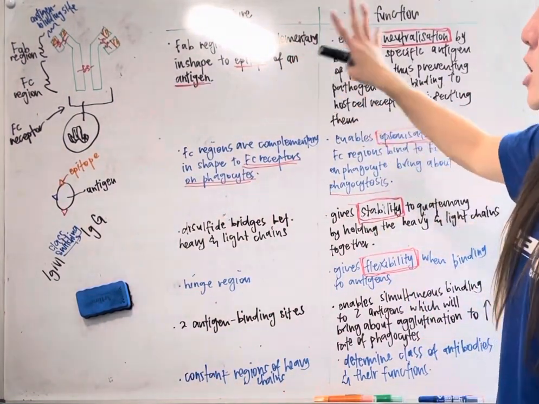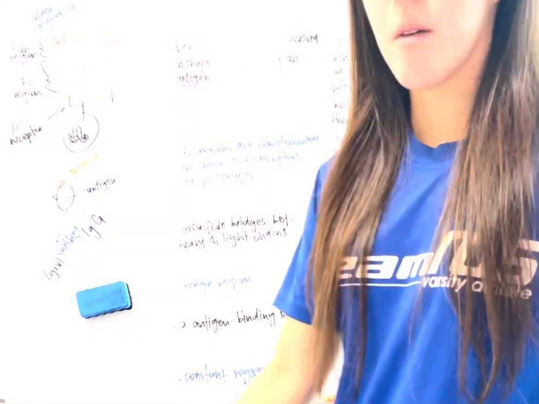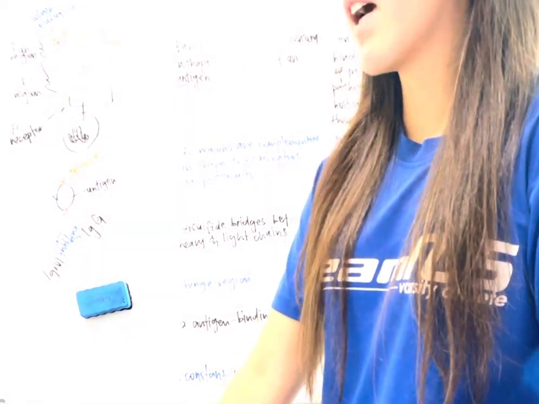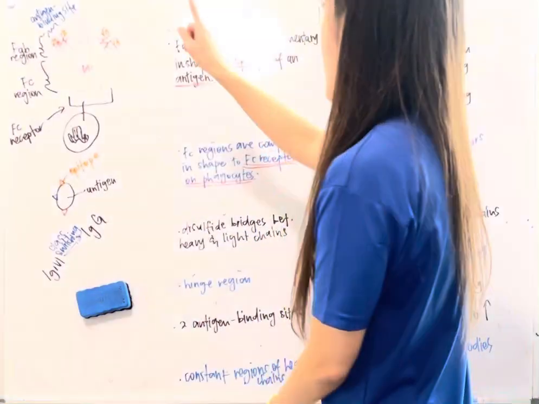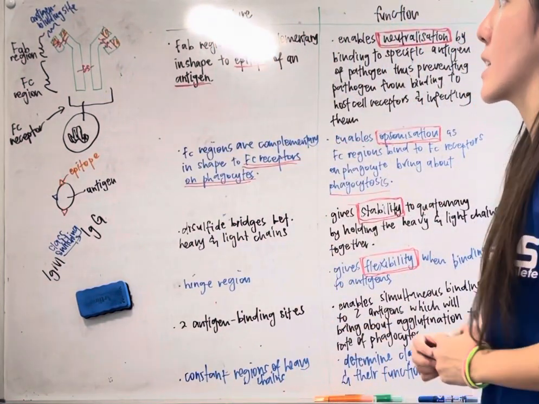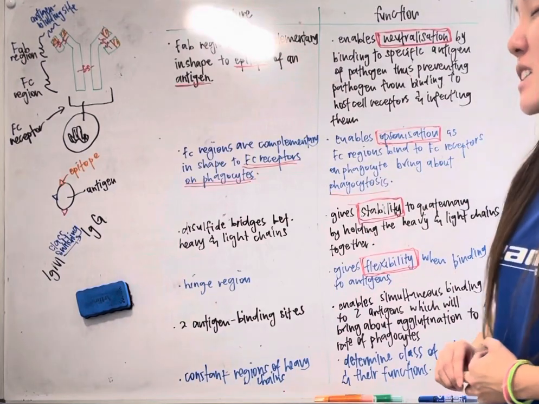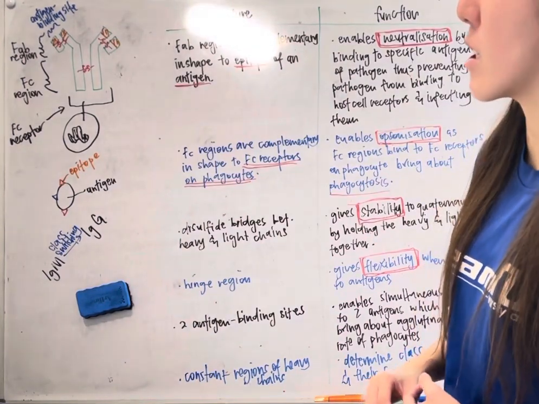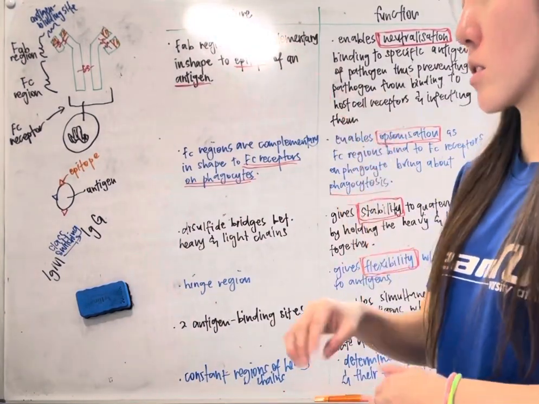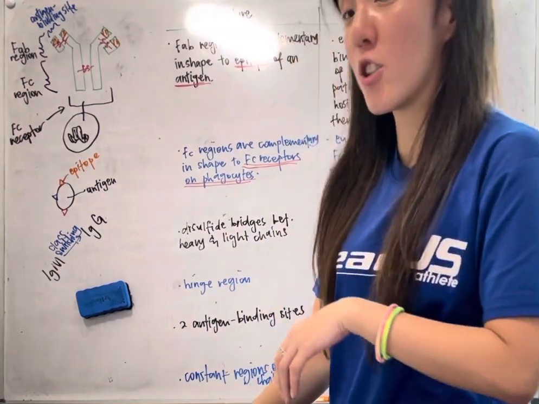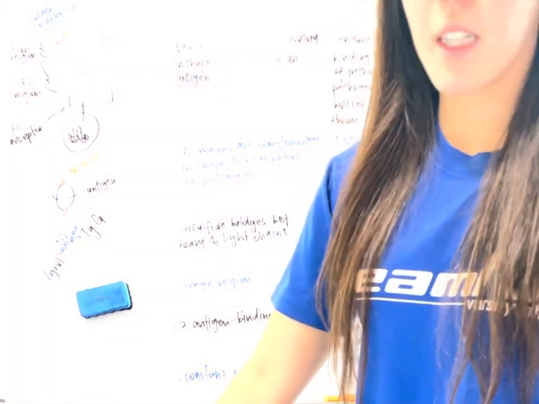So this is the structure. How is it related to the function? Notice how one single antibody is capable of recognizing up to 10 to the power of 12 different antigens, which is a broad array of epitopes. So what enables them?